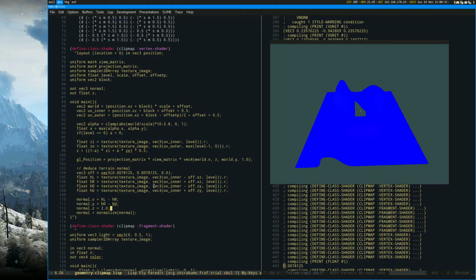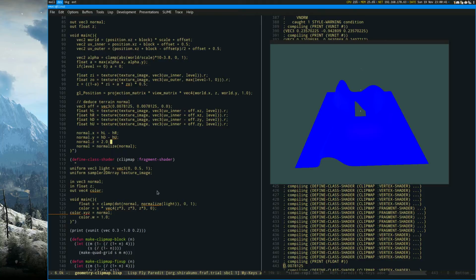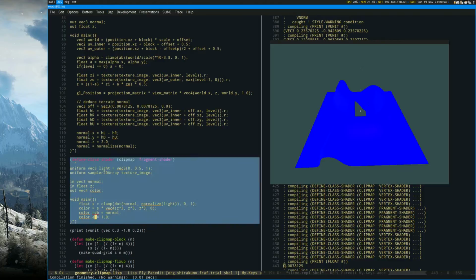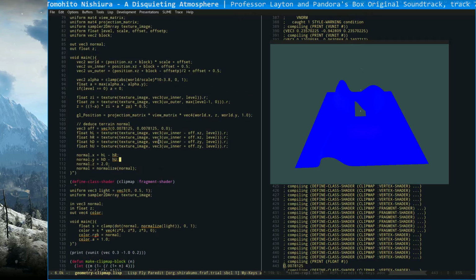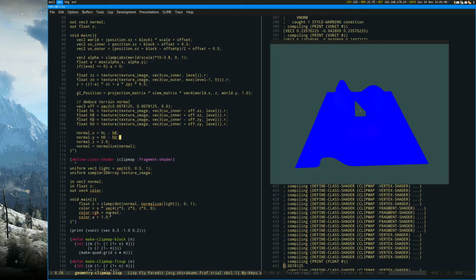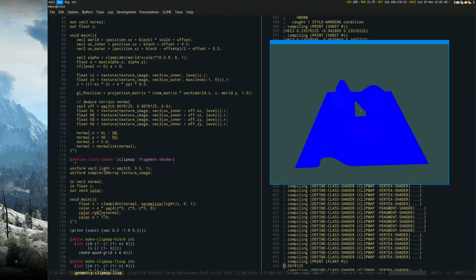Huh. Why is the normal all weird? So only the Z direction is actually anything at all. The rest is 0 for some reason. Is that really the case?